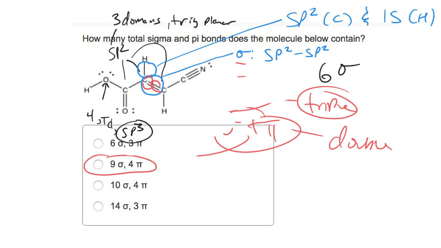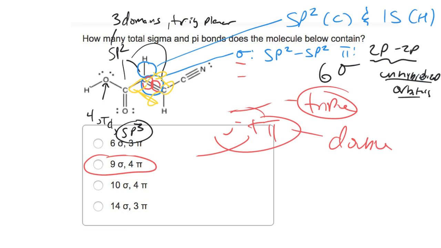And then what about the pi bond for that double bond? The pi would be the leftover, unhybridized p orbitals. It's a little hard to sketch, but I want orbitals sticking straight out of the carbon atoms, p orbitals overlapping in a plane. So this would be 2p overlap, or unhybridized: the p orbitals that weren't hybridized with the sp2 set.